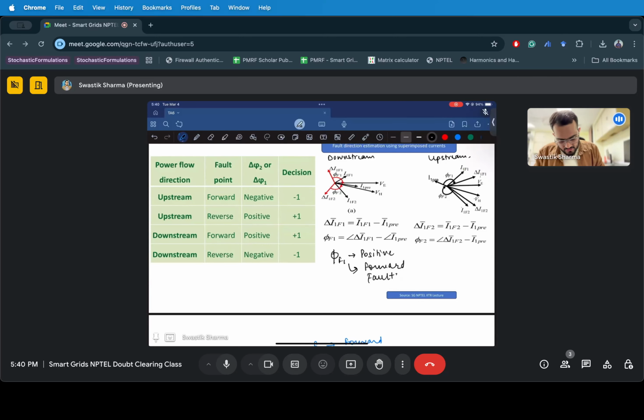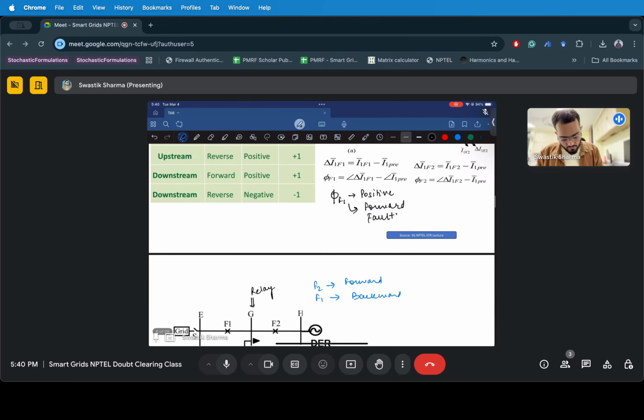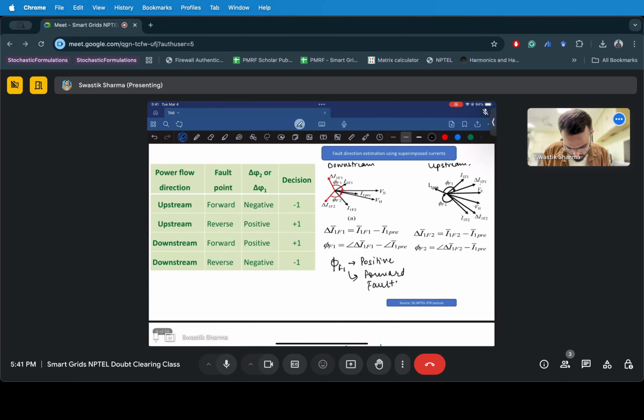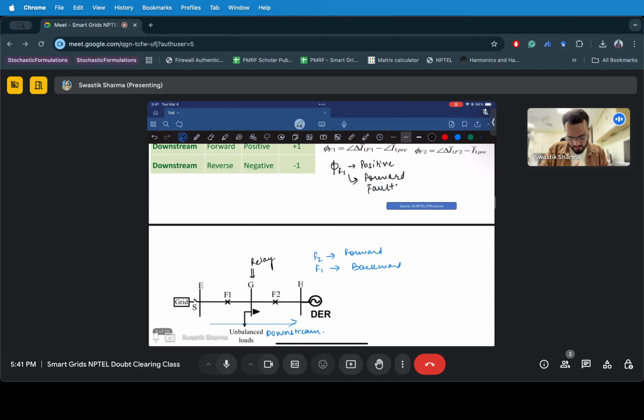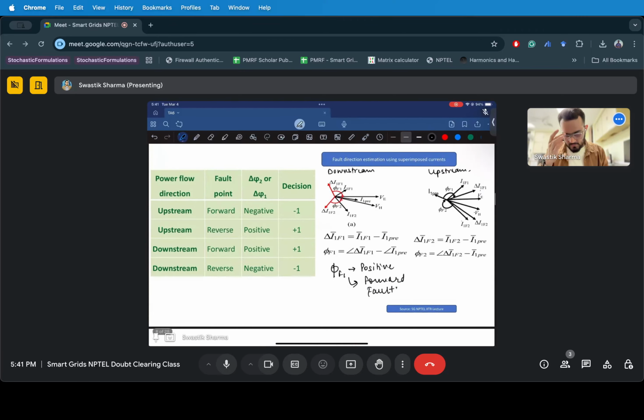Now for this condition, when the power is flowing downstream, sorry, F2 is your forward fault, F1 is your reverse fault. Why is it positive? This is downstream, right? Just a second, let me check. Yeah, I think this lookup table is wrong.